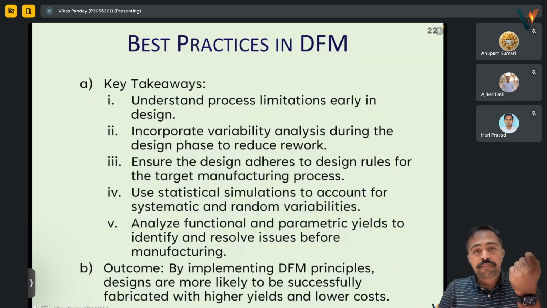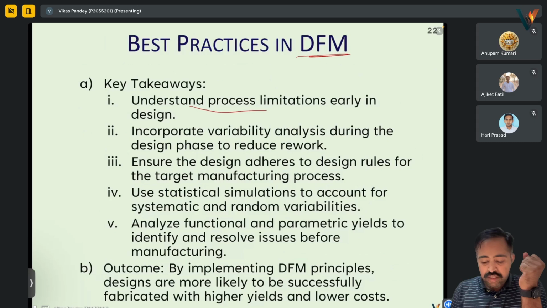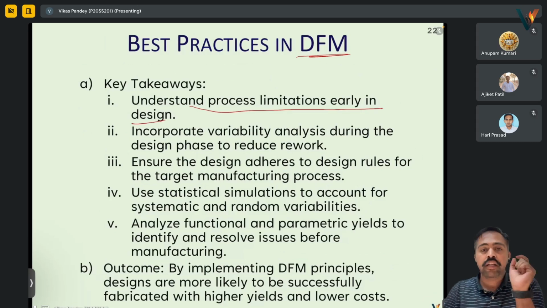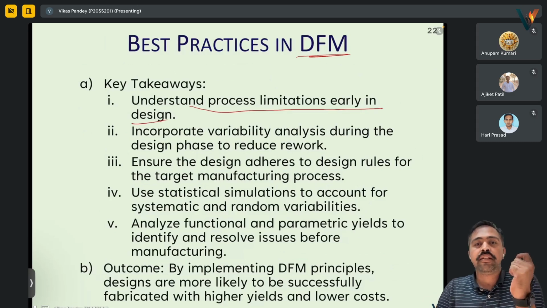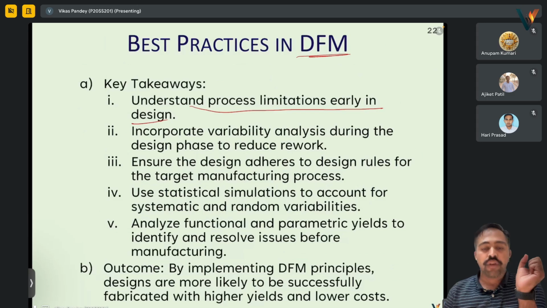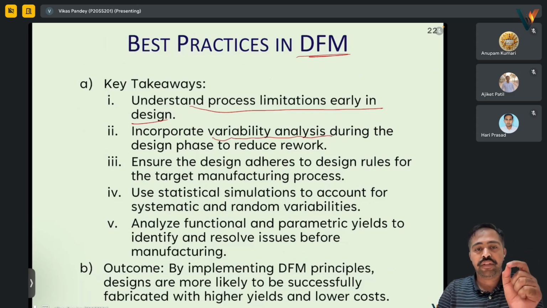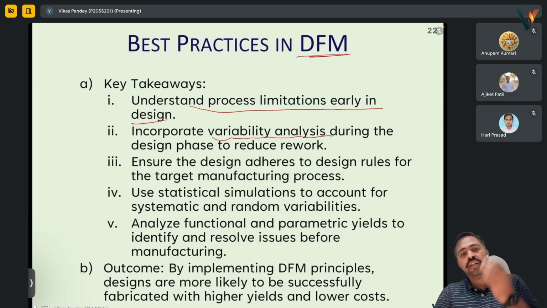So the best practices of design for manufacturing: understanding the process limitations early in the design. From the starting itself, we must know what the limitations are and incorporate the variability analysis during the design phase, so that we may not need to rework.